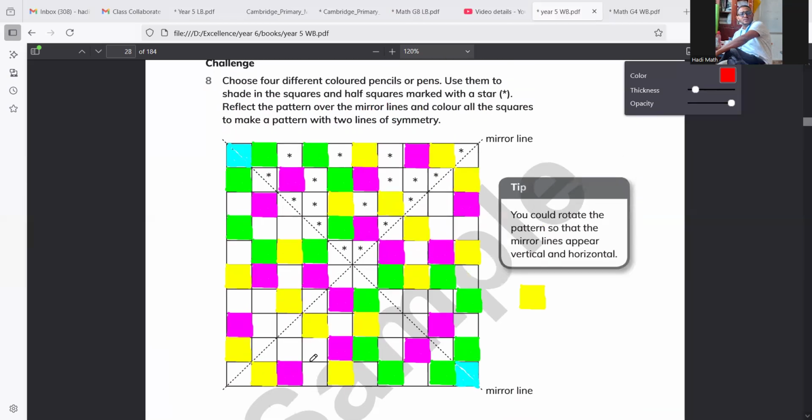This is question 8. They ask you to choose different color pencils or pens to shade the squares and have squares marked with the stars. Reflect the pattern over the mirror line and color all the squares to make patterns with the two different lines of symmetry.